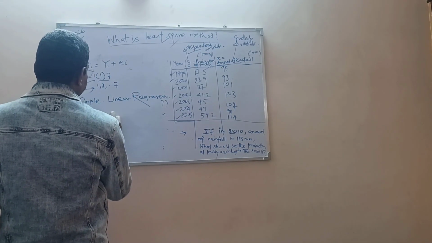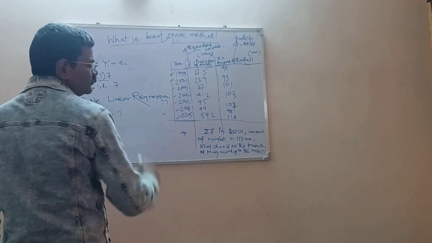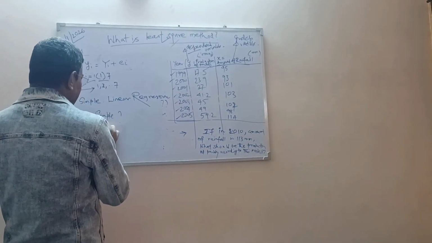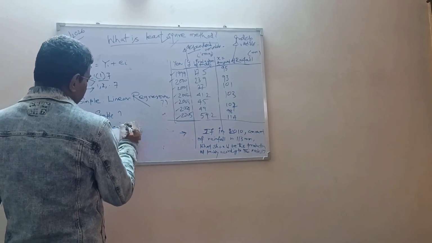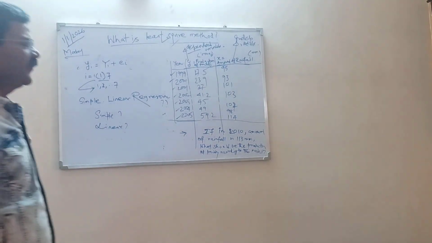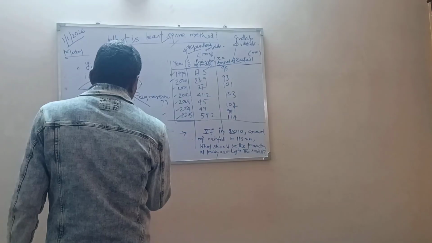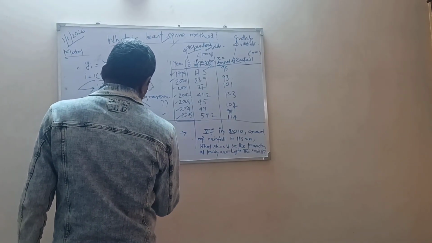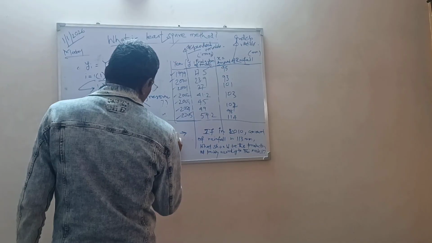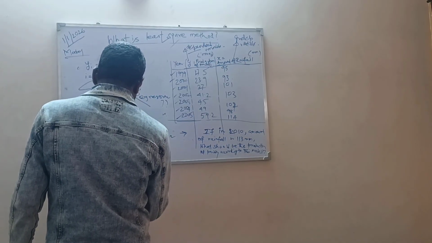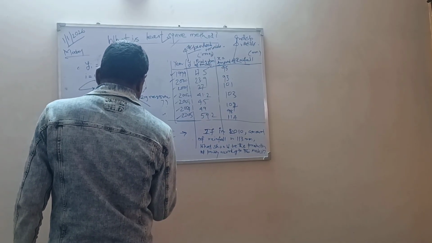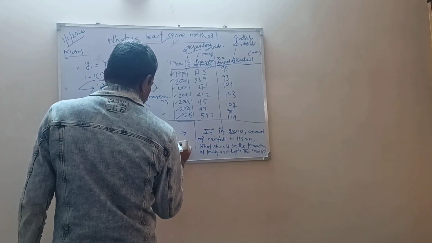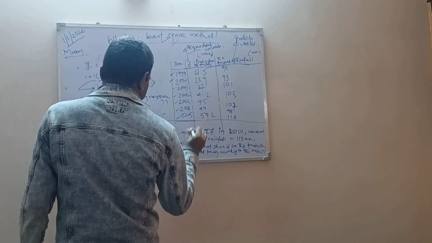Now why simple? Only one variable, y and x. And why linear? Because I am assuming a model yi equals a plus b xi for i from 1 to n, where a and b are unknown constants.